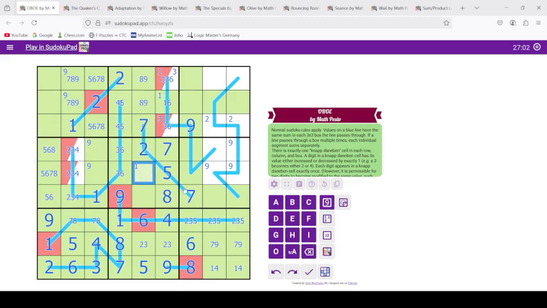This is a 2 now, that's a 1. This is a 4. This is a 4 to be KD cell, because there's a 3 KD cell over here.